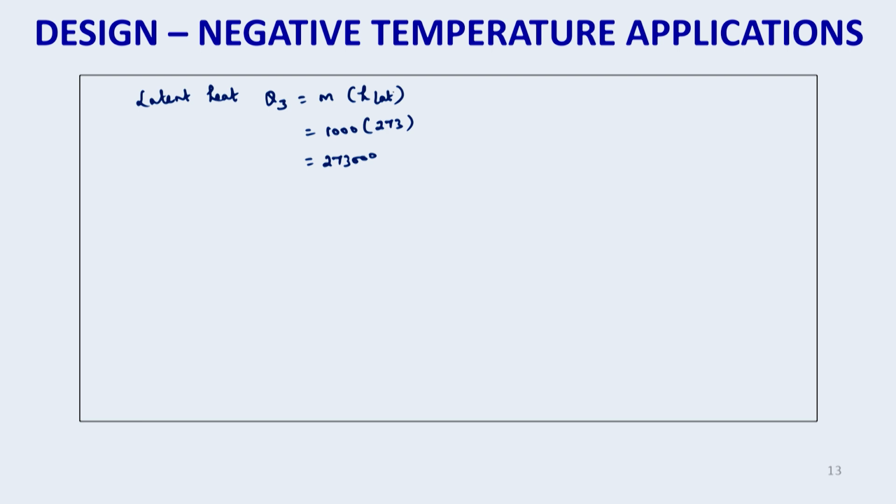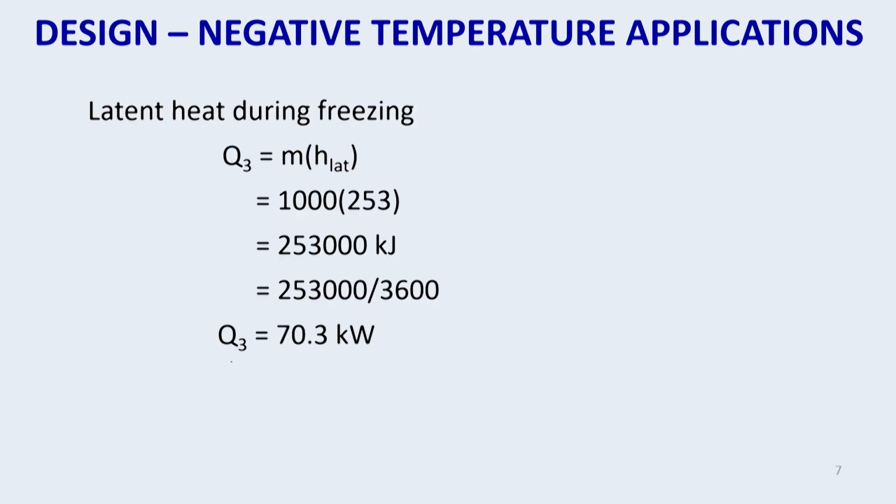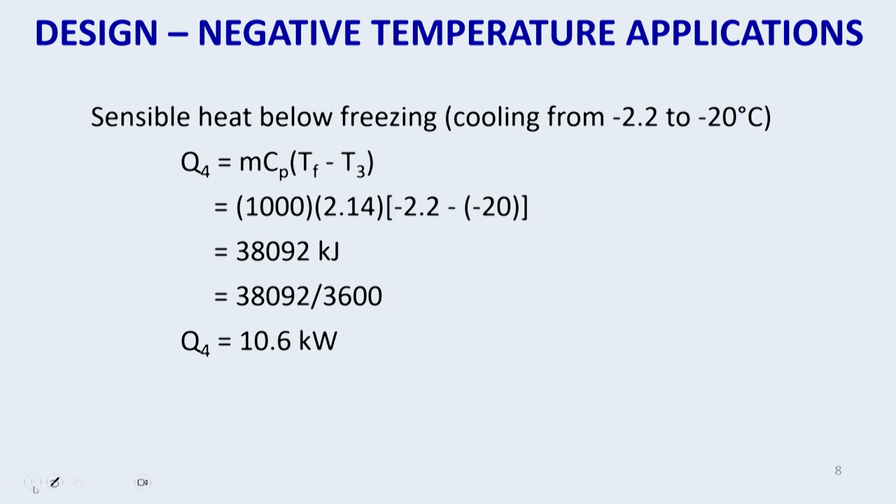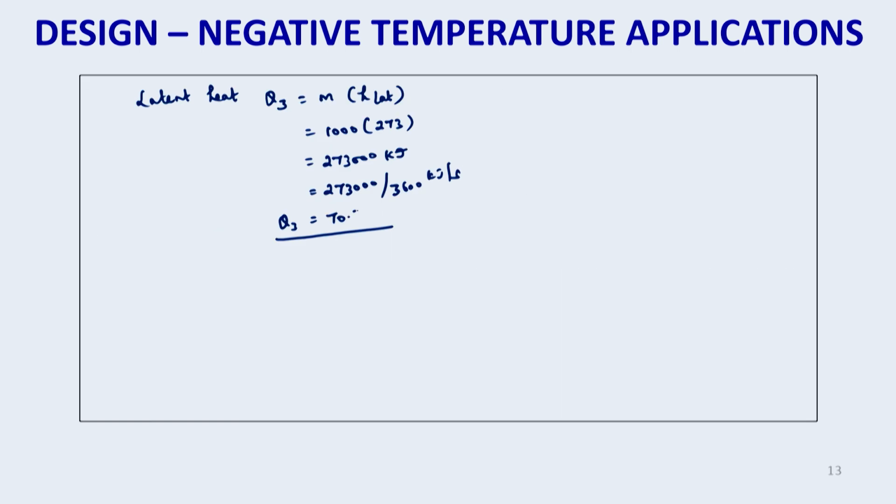Mass in kilogram, this is kilojoule per kg, kg and kg will get cancelled, so we will get the unit in kilojoule. So this is equal to 273,000 divided by 3600 kilojoules per second. So Q3 is equal to 70.3 kilowatts.